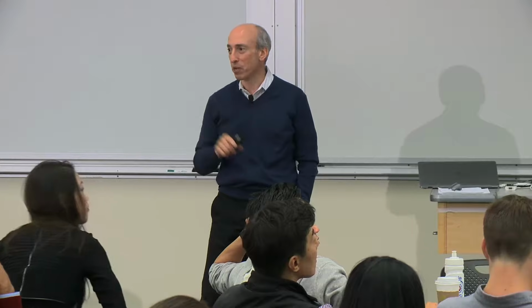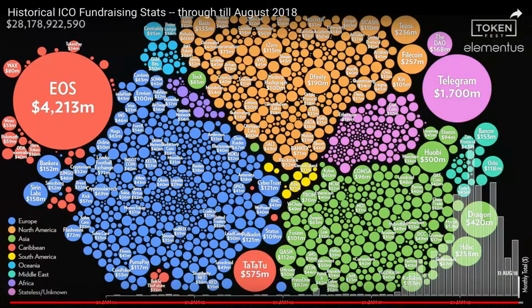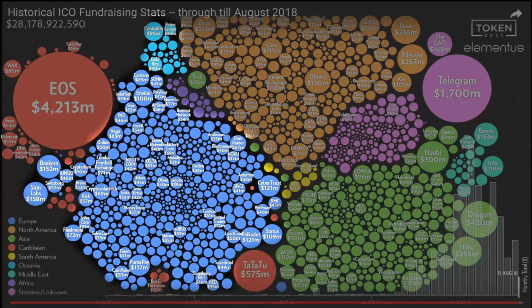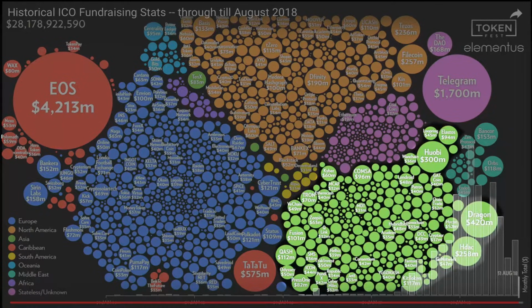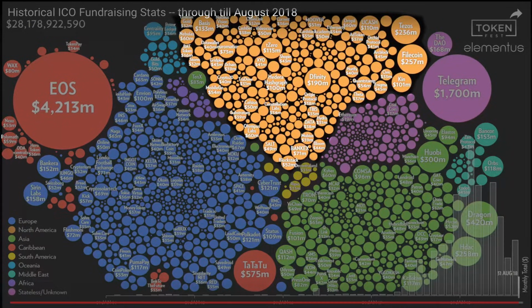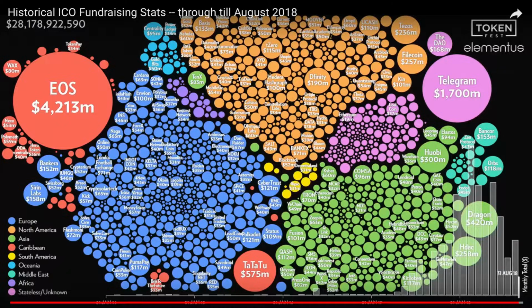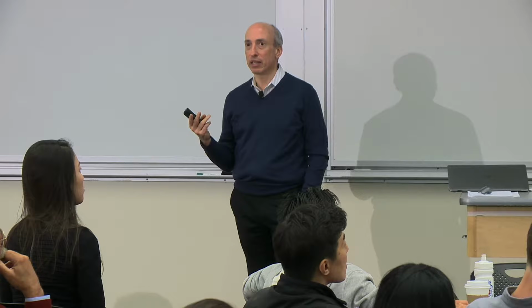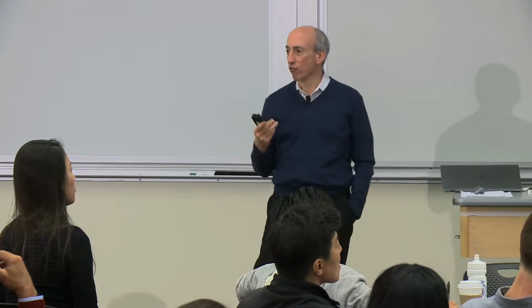You can watch it in a minute and a half, and over the years. It's geographically dispersed, with blue being Oceania, Australia, and so forth, green being Asia, North America being orange. But the biggest ones, EOS raised $4.2 billion, Telegram $1.7 billion, and the like. These are not small figures.